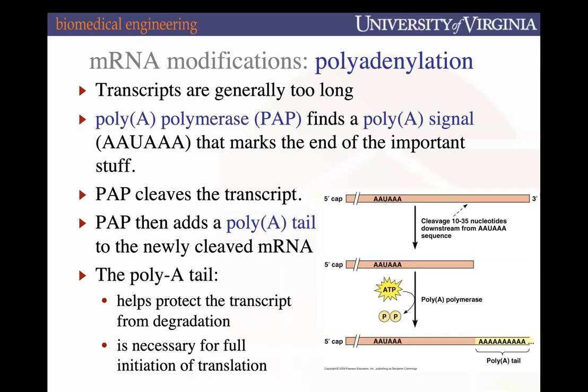The length of the poly-A tail can vary between prokaryotes and eukaryotes. For prokaryotes, I think it's approximately 20 to 30 nucleotides long. For eukaryotes, it differs from gene to gene. It's about 20 to about 100 nucleotides long.